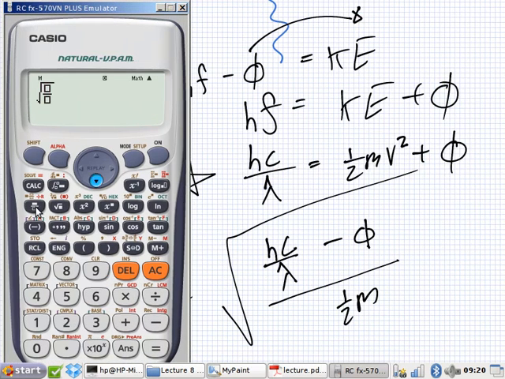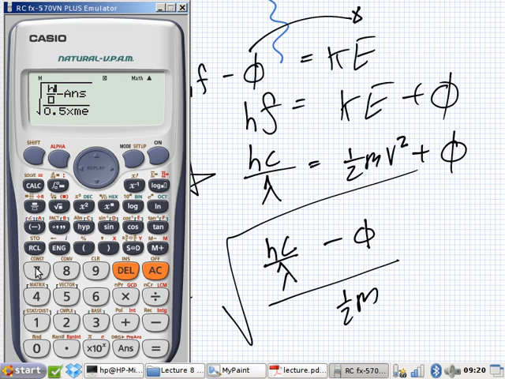Square root fraction. What number is the mass of the electron on the calculator? Is it 3? Yeah. And then what number is Planck's constant on the calculator? Who has Planck's constant, please? 6, okay.